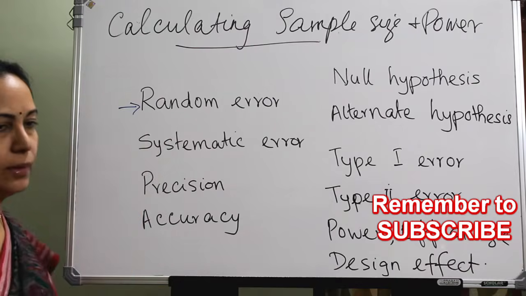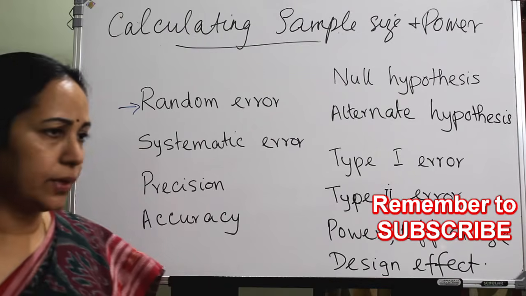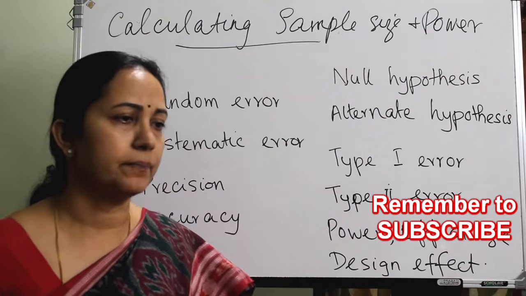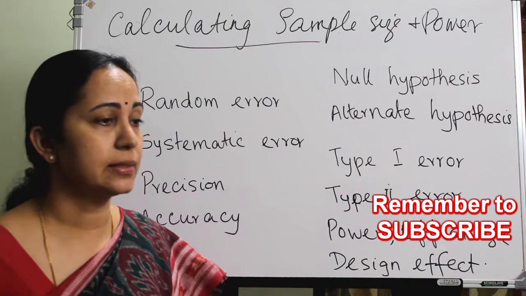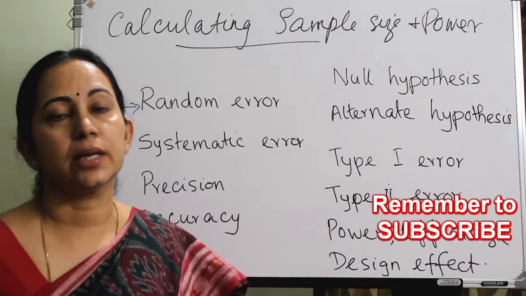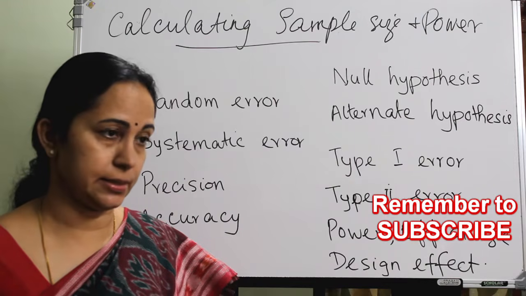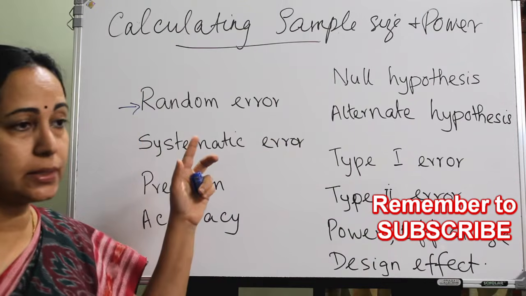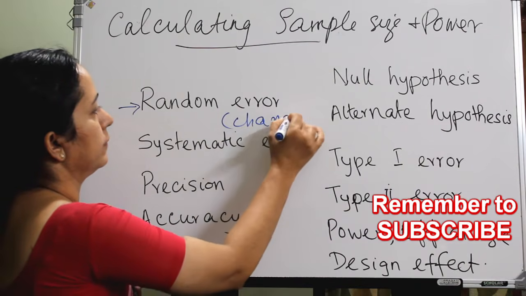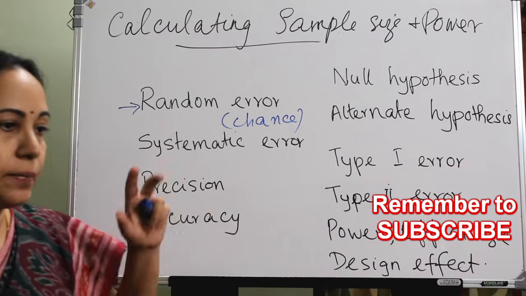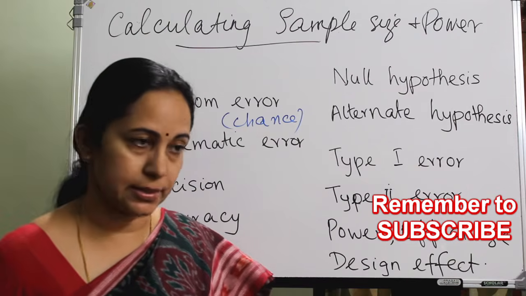Random error. It is the type of error which occurs by chance and can be due to subject differences, sample variability, and also due to measurement errors. So this random error occurs due to chance, and this can be reduced by increasing the sample size.